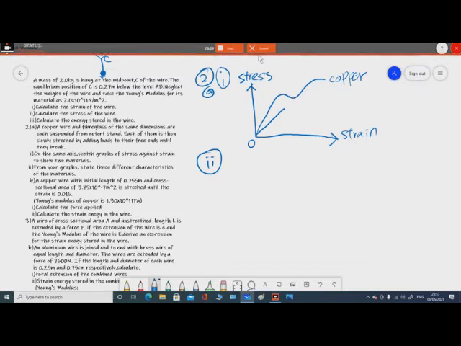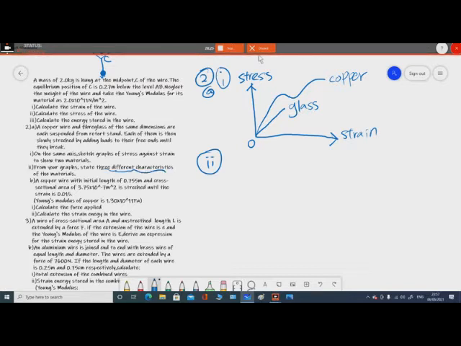From your graph, state 3 different characteristics of the materials. Okay, so this is glass. The question asks for 3 different characteristics.